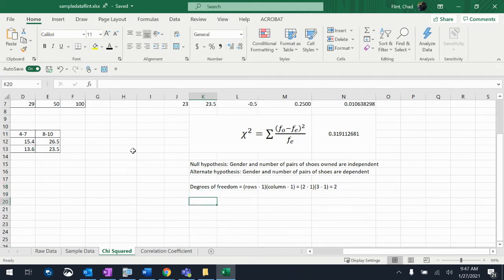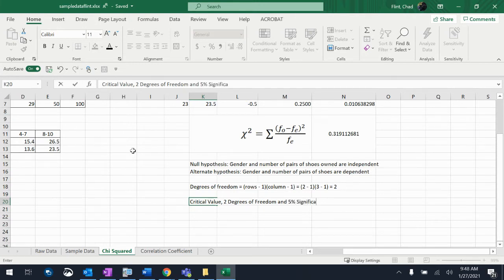Yours might be different. So then what I want is my chi-squared critical value. So my critical value, 2 degrees of freedom and 5% significance level.